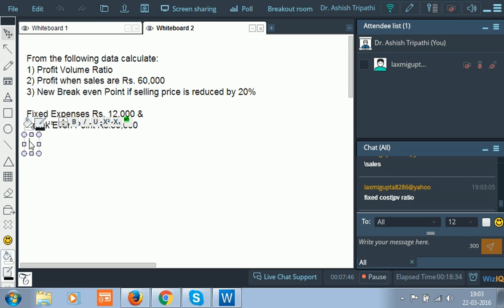So let us start our solution. Start solving along with me. First, we are going to calculate PV ratio. And for that, we are going to use the formula of break-even point.